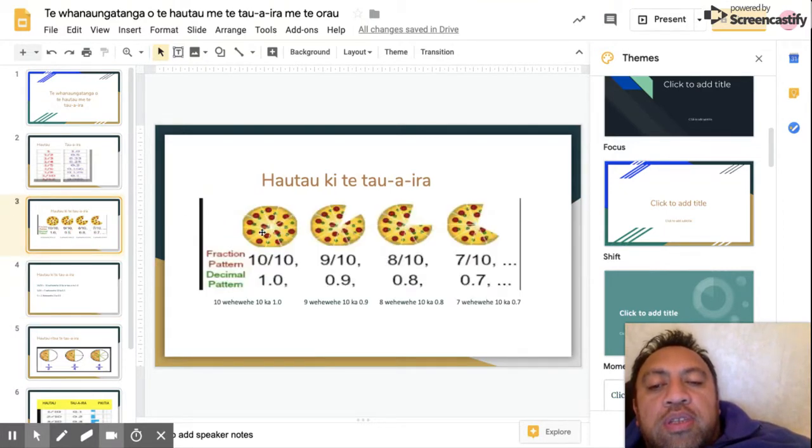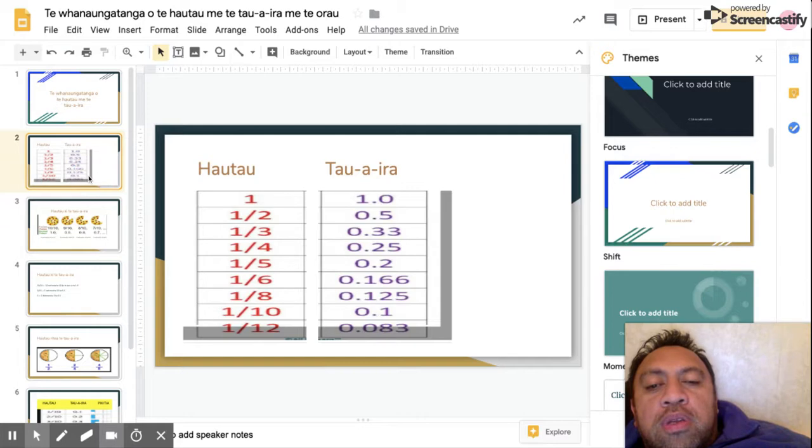We have 10 pieces of pizza, and if we said 10 divided by 10 equals 1.0, therefore 1.0 also is equal to one whole pizza. So, like we have gone before, if we did 1 divided by 2, it would equal 0.5.